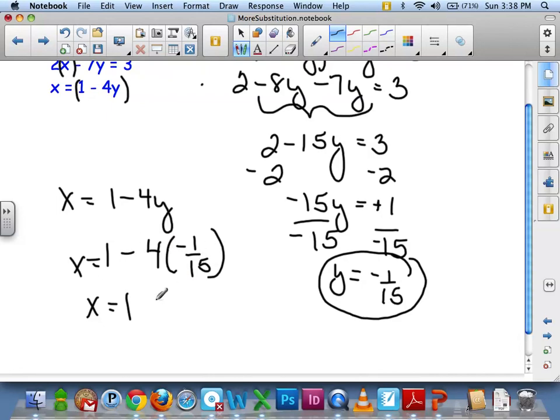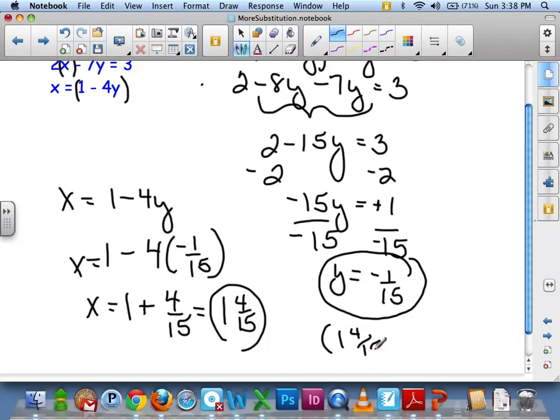Right? So we have a negative times a negative. That in this case is going to be a positive. And we got 4/15. We add them together, we got 1 and 4/15. Okay, so that's my x. So my ordered pair is going to be 1 and 4/15, comma, negative 1/15.